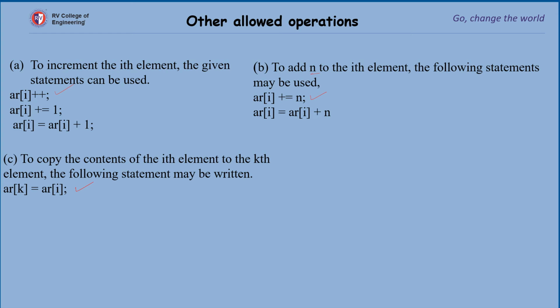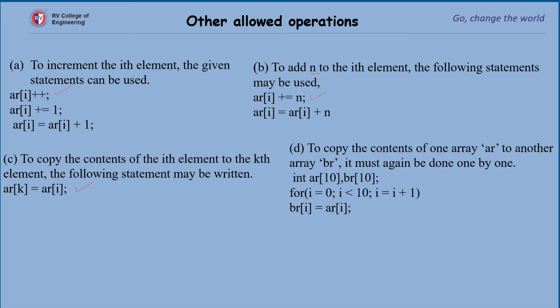As I just told you, the subscript should be there whenever you are dealing with arrays. Now, to copy a complete array AR to BR, how do you do it? You cannot do it as variables. This is wrong.